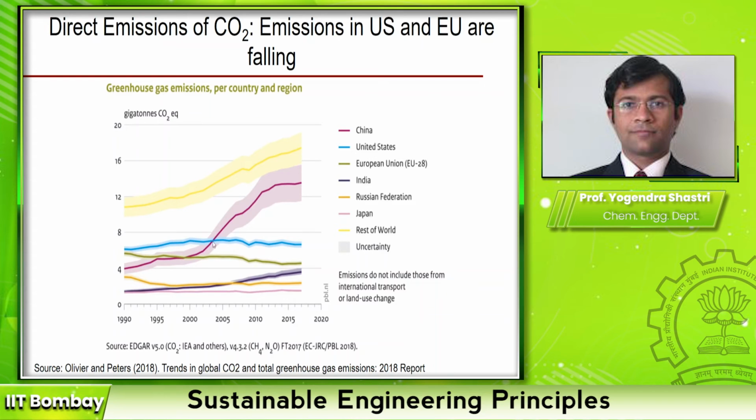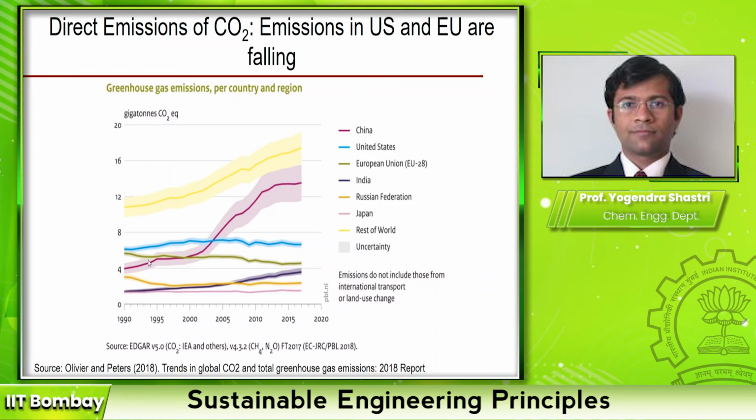If you look at the blue line, which is for the US, and if you look at the green line, which is for the European Union, you see that the total direct carbon emissions are either going down or more or less flat, which means that these two regions are actually doing very well for the last about 20 years or so in terms of carbon emissions.